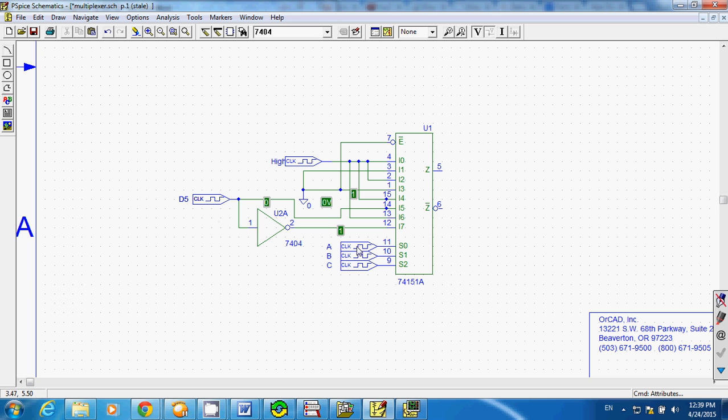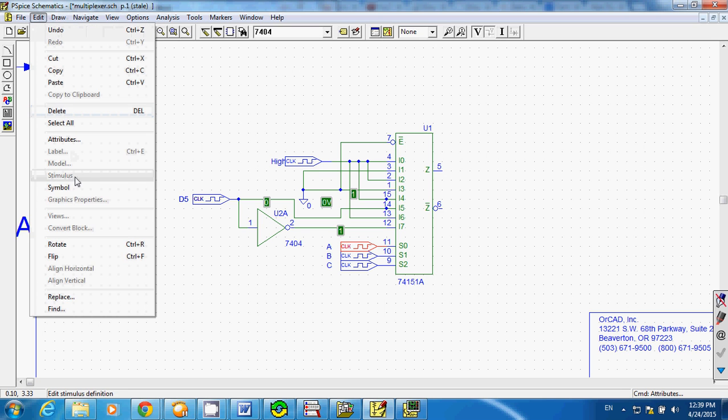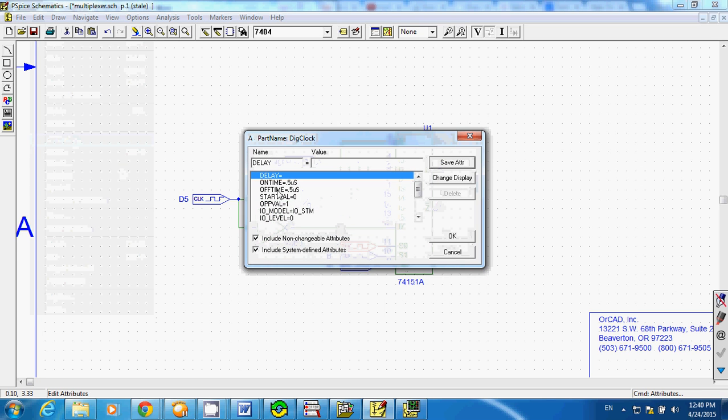I start with the A, or you can say the least significant bit. So this one has the period. I'm going to start with the minimum period. So that's why I put 0.5 microsecond, or the period is 1 microsecond, right?